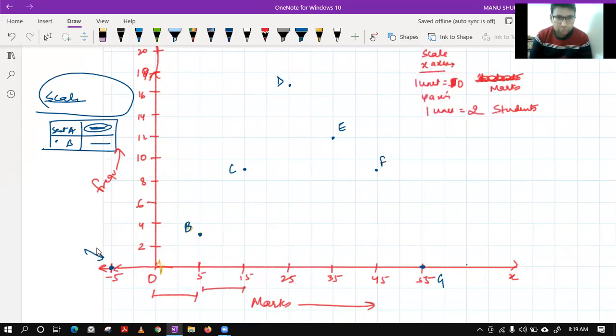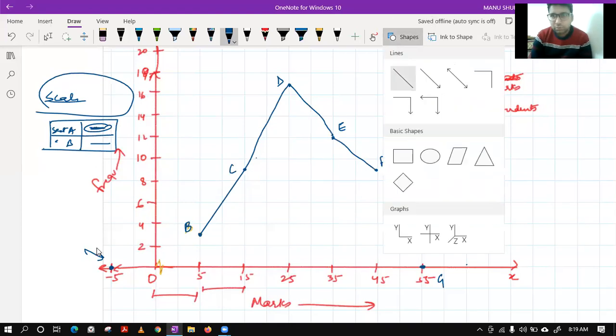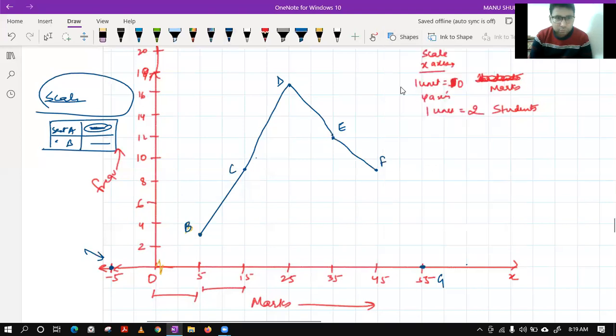So the first value, like this. Now we will just, let me use the normal pencil only.